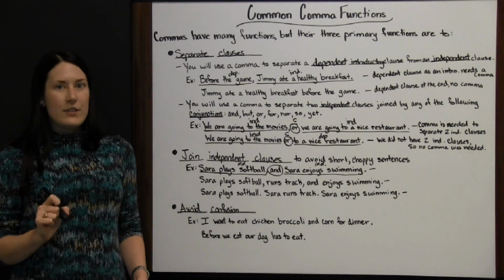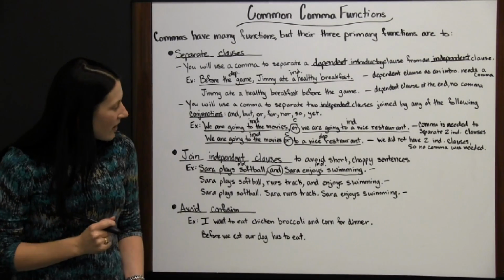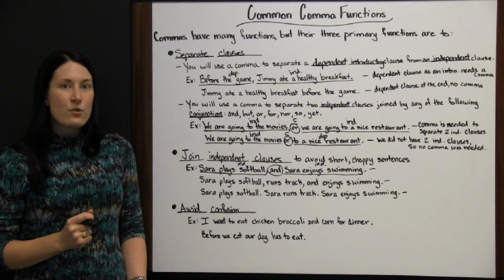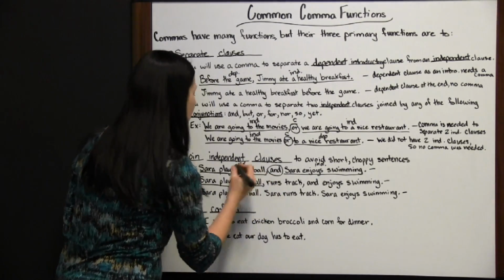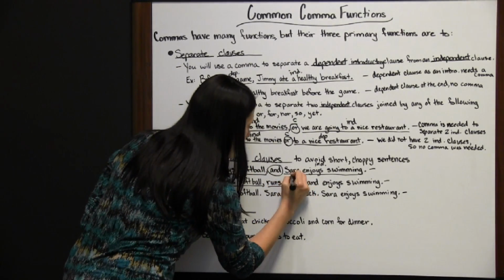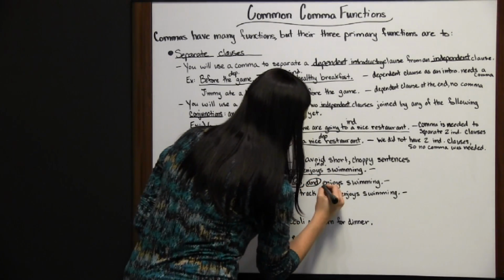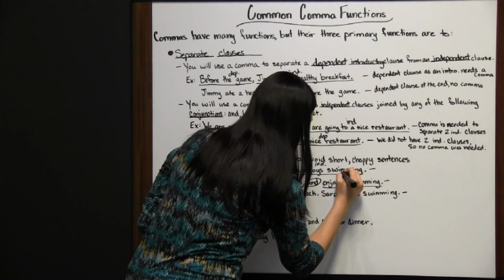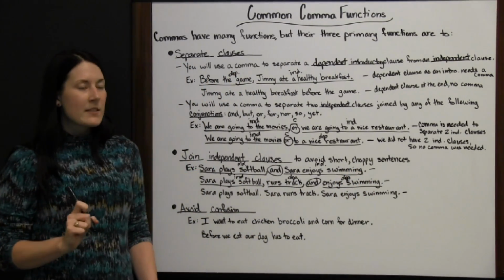Let's look at the next version of this set of clauses. Sarah plays softball, runs track, and enjoys swimming. So Sarah plays softball. This is independent. Runs track is dependent. We have our conjunction, and enjoys swimming is dependent. Yet we still had those commas.